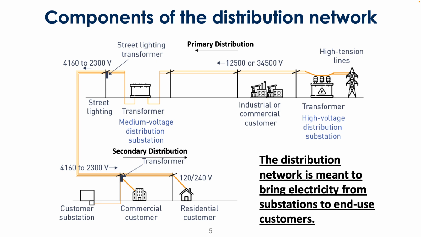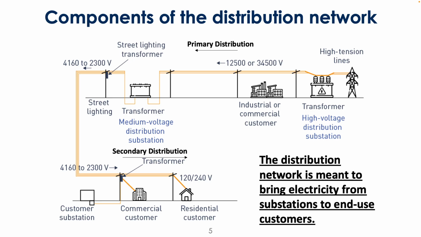Okay, and so we talked about how at UC Davis, they use a 12,000 volt system, and that can vary in the primary distribution. It can be as high as 34,000 volts. That's common in the Los Angeles area. And from the high voltage distribution system, you might go down to a medium voltage distribution substation.